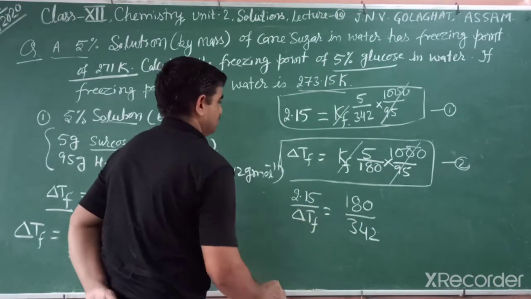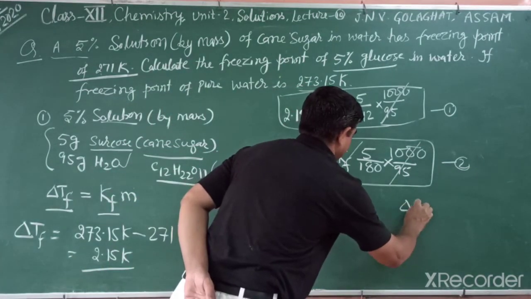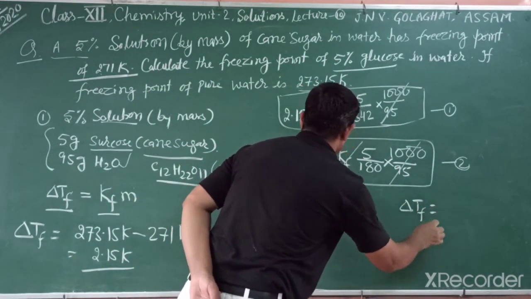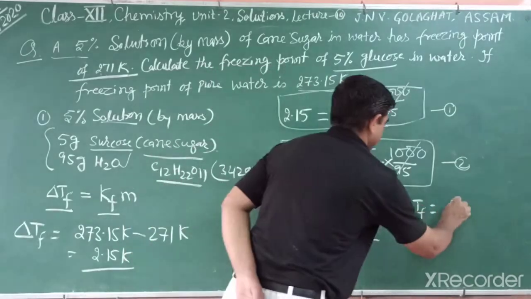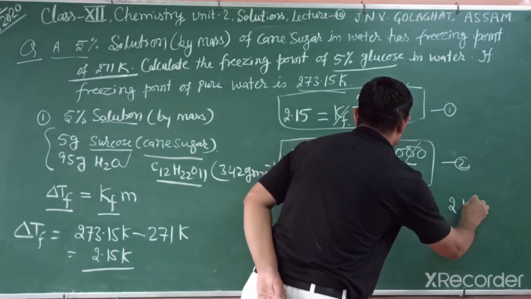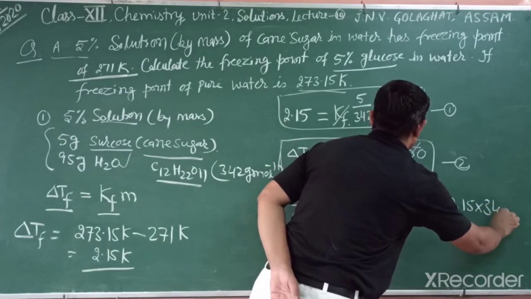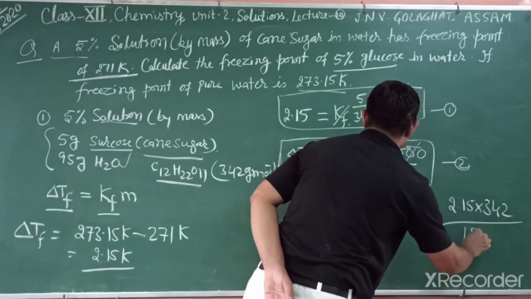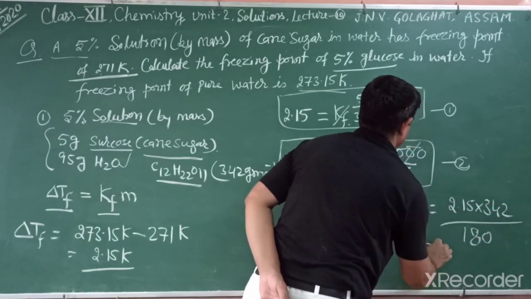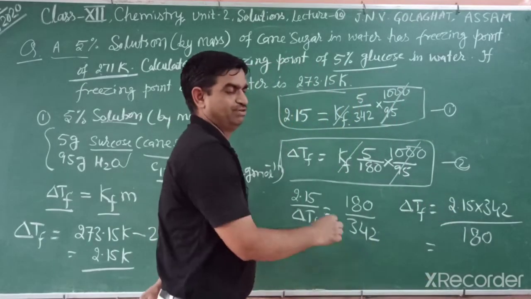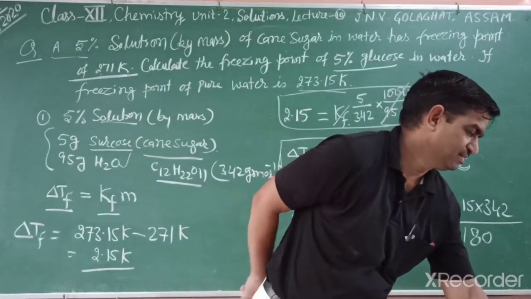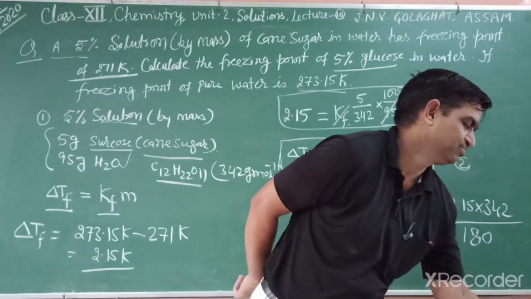By this, delta Tf is equal to, cross multiply, 2.15 into 342 divided by 180. Students, when we solve this, we get the desired answer.